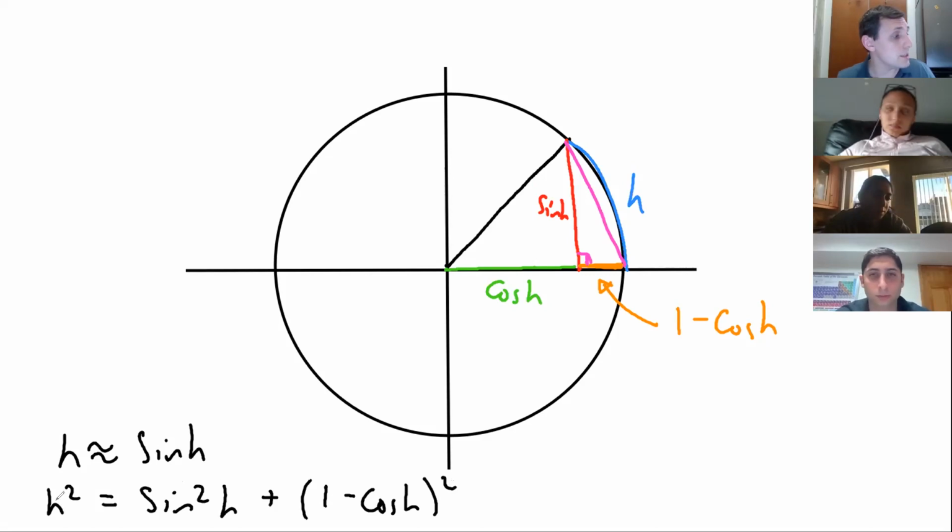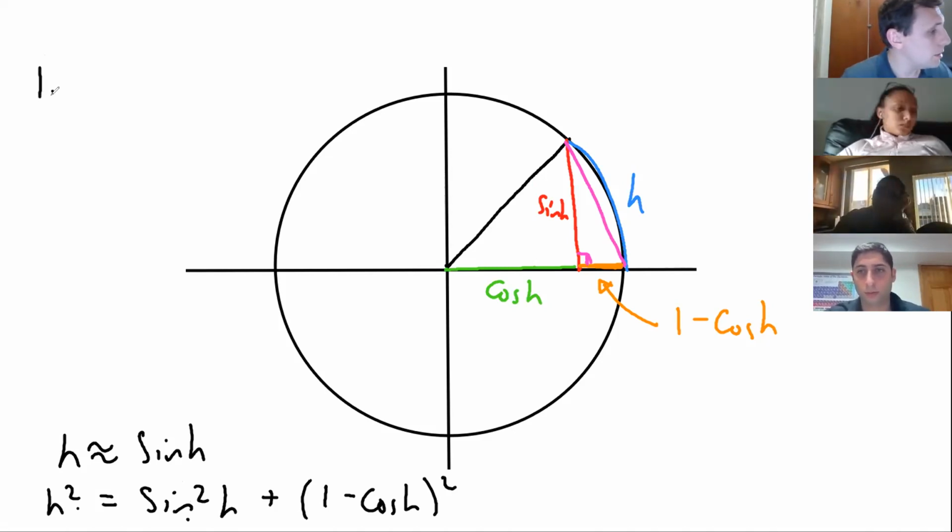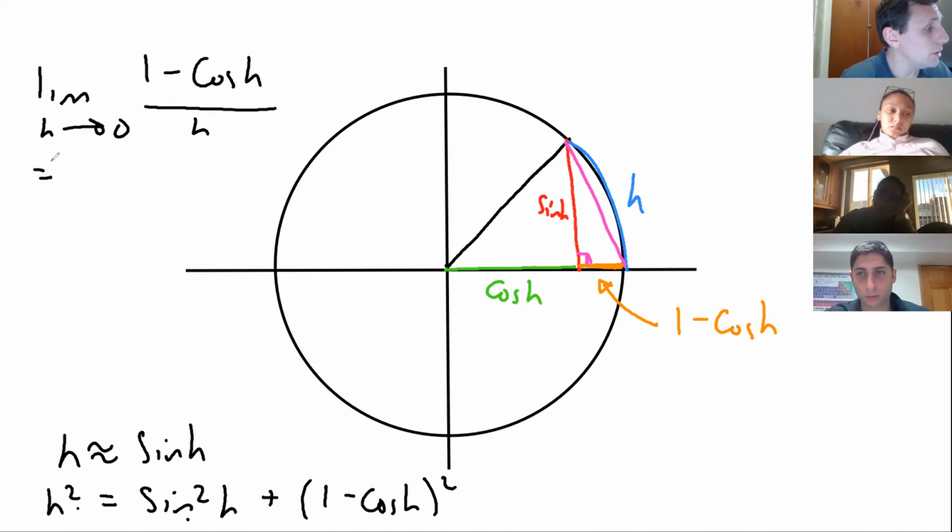And since they are a match, that means that this number is vanishing to 0. So we conclude, heuristically still, that the limit as h goes to 0 of 1 minus cosine h divided by h will be equal to 0.